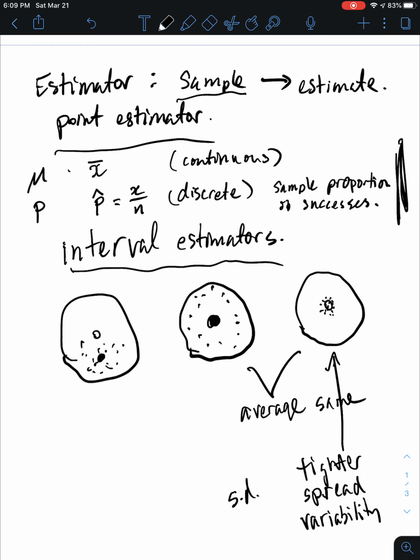So we will do a lot with the standard deviation and what follows, and standard deviation will be an integral part of us finding interval estimators.